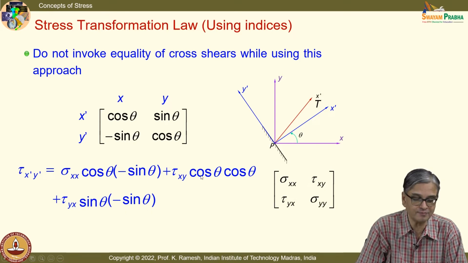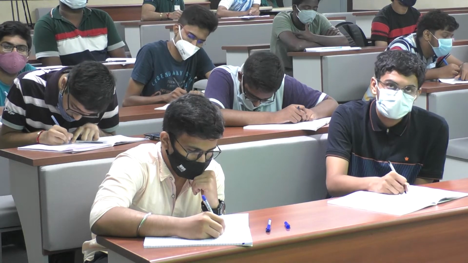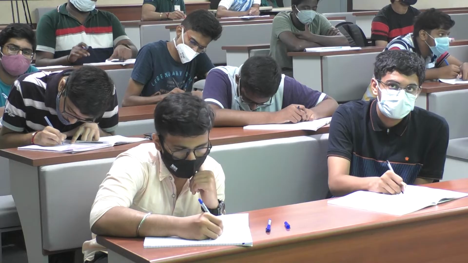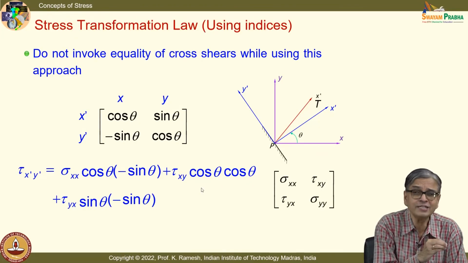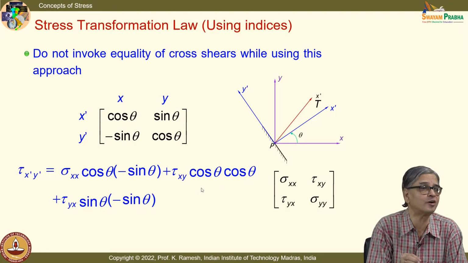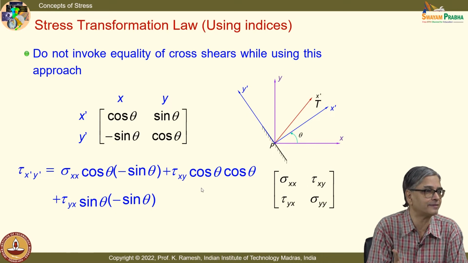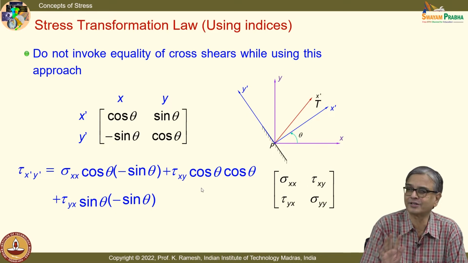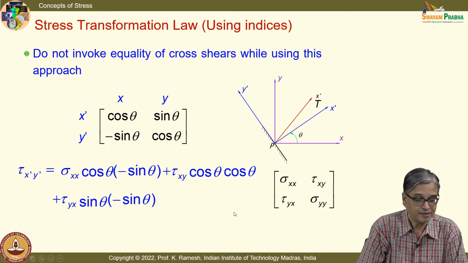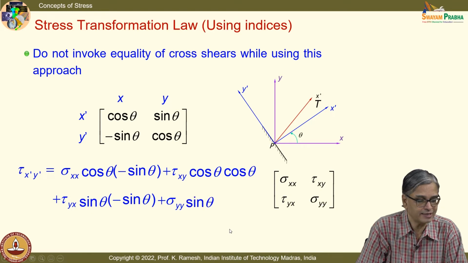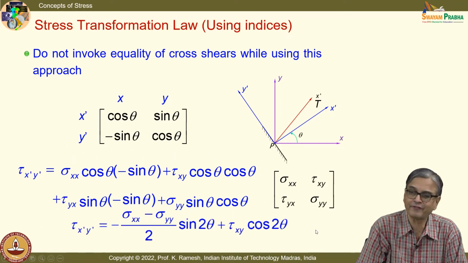You find these two terms are different. You get the point? So, if you use the equality of cross shears using the indical notation to get the transformed stress components, you cannot apply. So, you should understand the restriction. And you similarly write for sigma y, I get this as x prime y and then y prime y. So, I have this and this is written in a simplified fashion here.